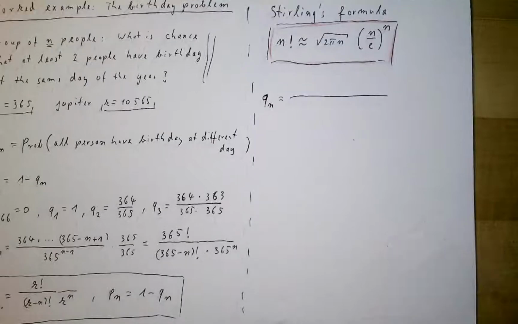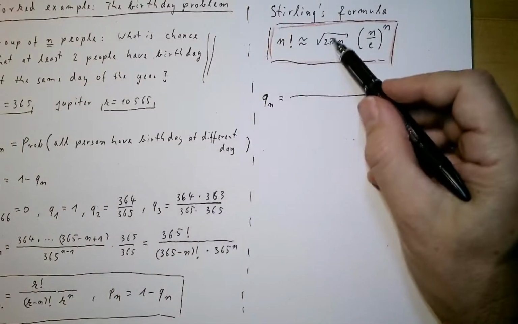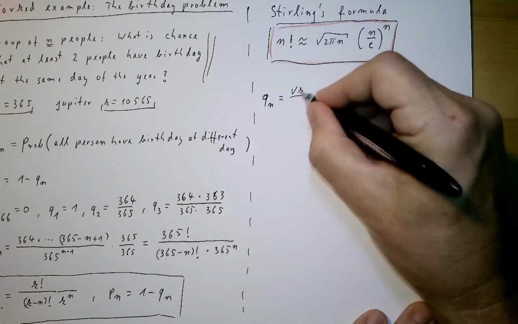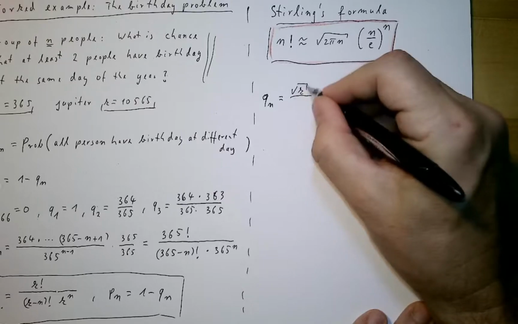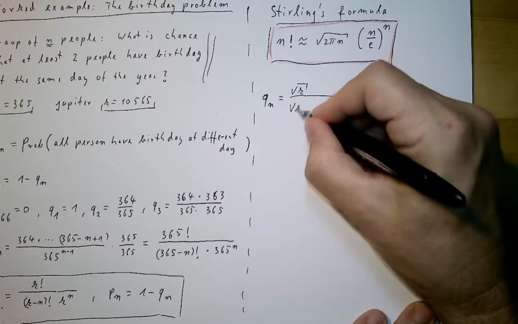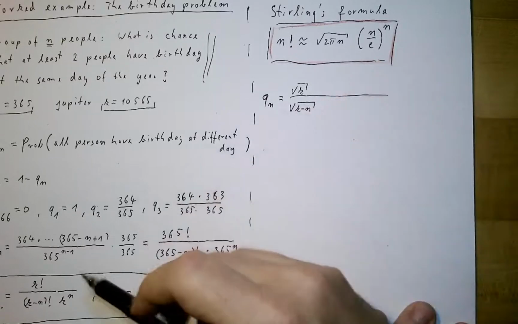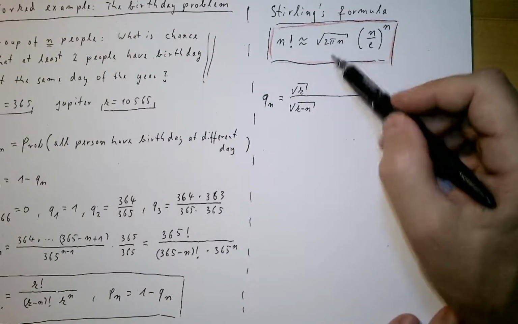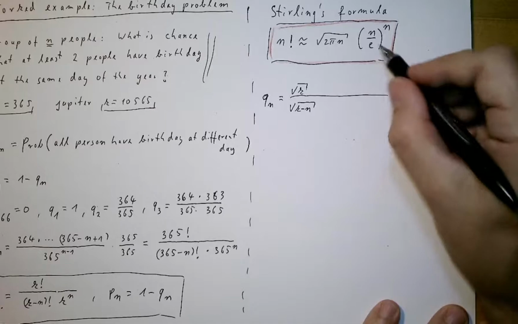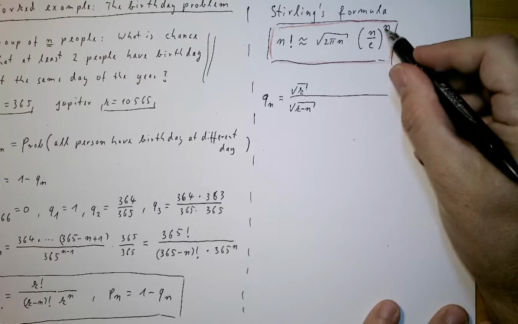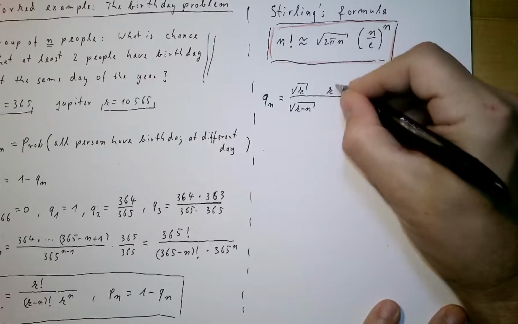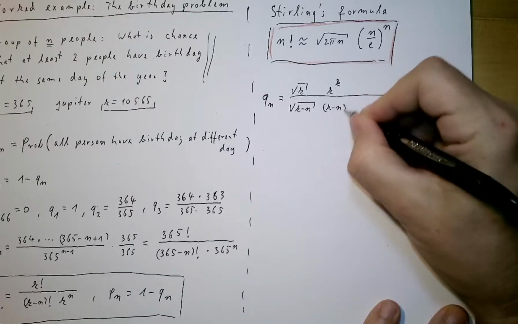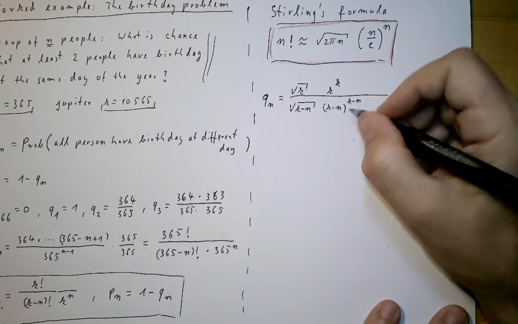Since we have 2 factorials, this factor 2 pi will cancel, and then from the factorial terms we have square root of k, and square root of k minus 1, because here we have k factorial and k minus 1 factorial. So that was the square root term. And then we have k to the power of k, then we have k minus n to the power k minus n.